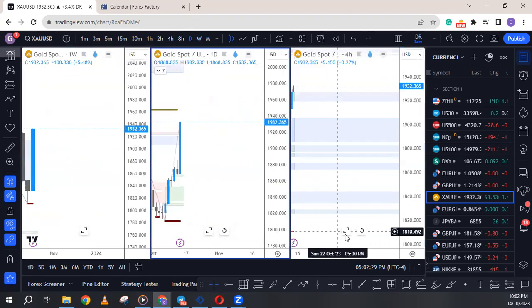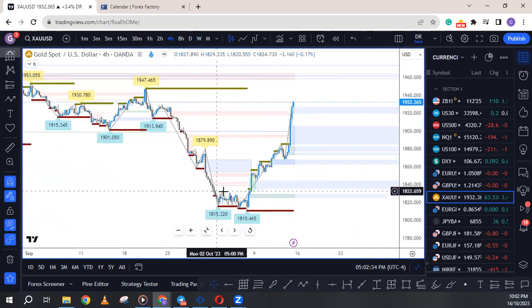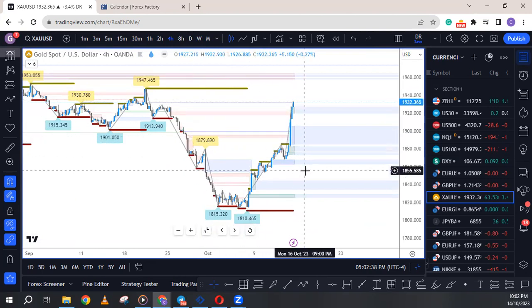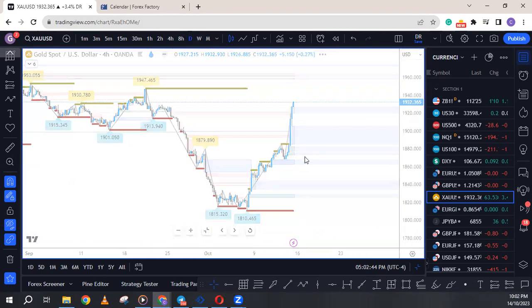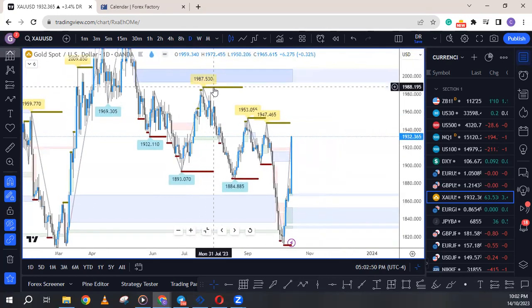But the 4 hour has shown you it's moving. So if this 4 hour retraces and starts going up, now imagine what will happen on the daily. This high here, they will take it out and challenge this one.